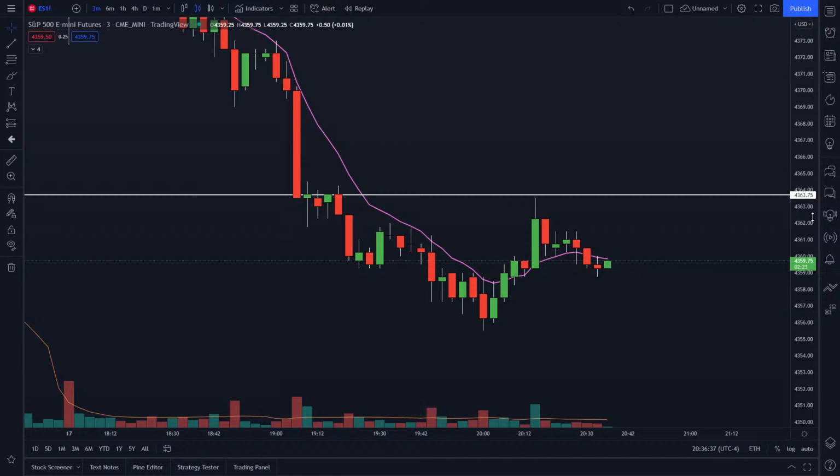Does momentum equal volume? In most cases, yes. It has to do a lot with point of control, and then volume comes into play as far as breaking over points of control.